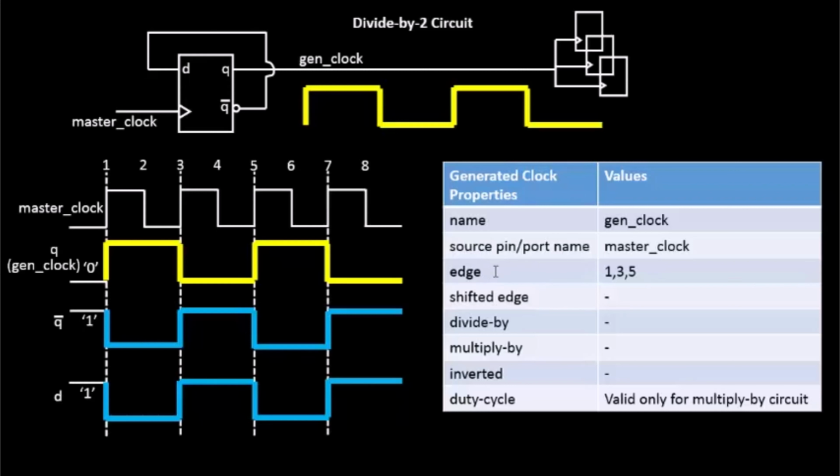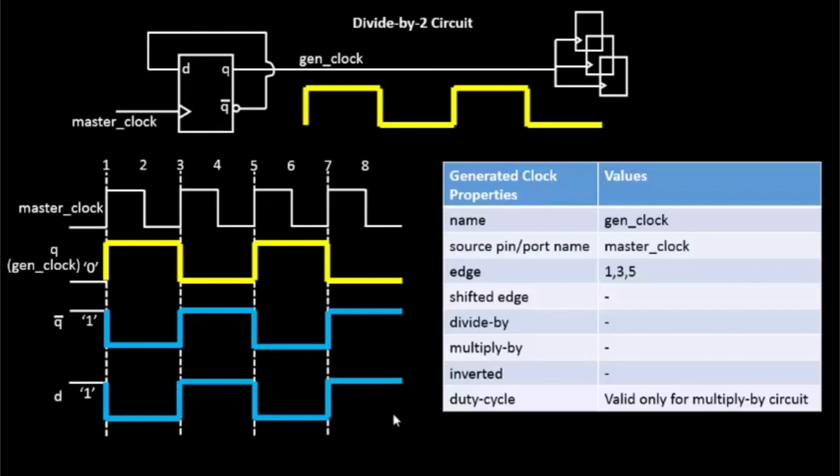But the reverse is not always true. For example, if there is a waveform that can be defined only by its edge characteristics, it can't be defined by its divided by 2 characteristics. So vice versa is not true. But any generated clock which is a binary division of the master clock can always be represented by an edge option.